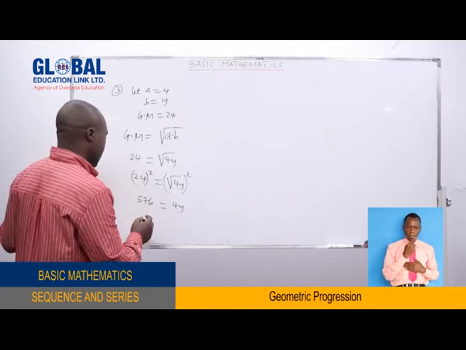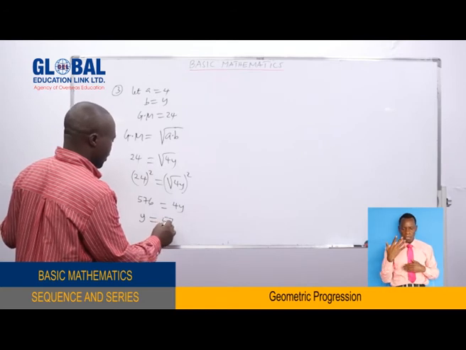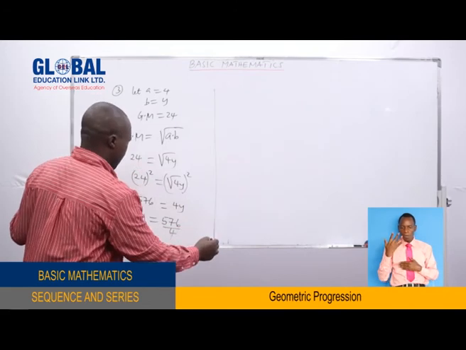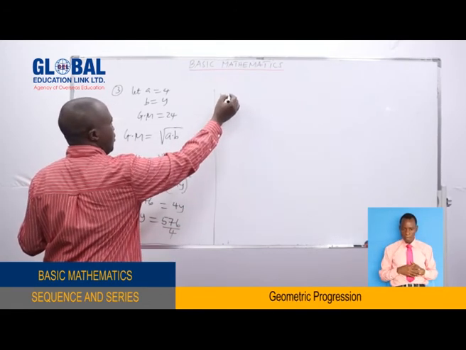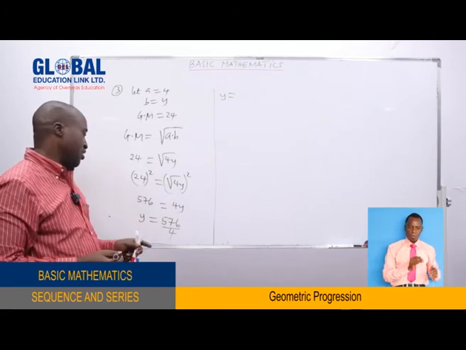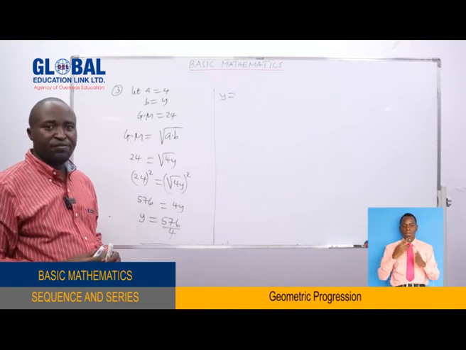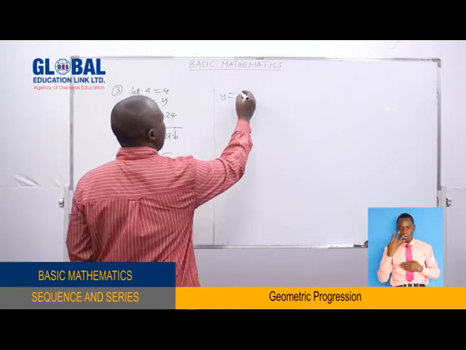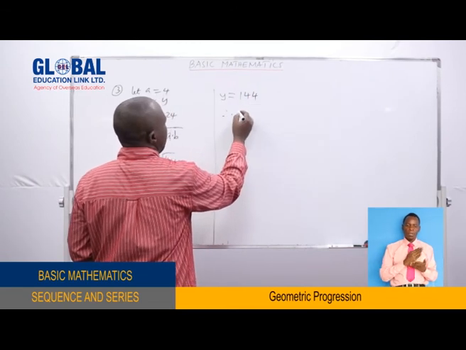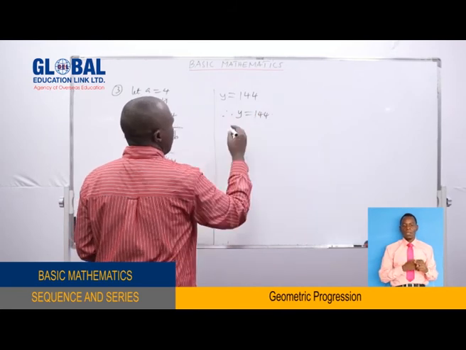So to find y, y is equal to 576 over 4. Therefore, the value of y is 576 divided by 4, which is 144. Therefore, the unknown value of y is equal to 144.